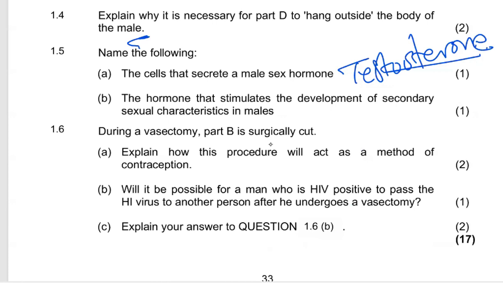Will it be possible for a man who is HIV positive to pass the HIV virus to another person after undergoing vasectomy? Yes. Give a reason for your answer. Because HIV is found in the blood.